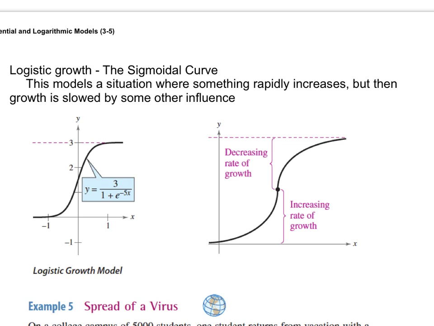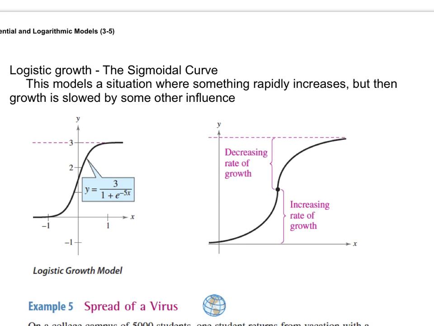Notice that in the denominator, we have this exponential part of it. E to the negative 5x is in the denominator, so it's 1 plus e to the negative 5x. That's the part of this function that tells us this is logistic. When you see that, it's going to be logistic.